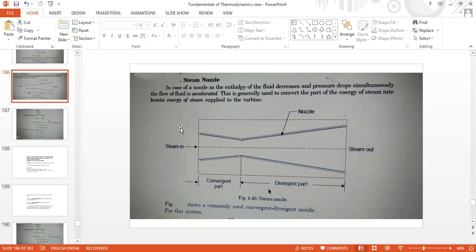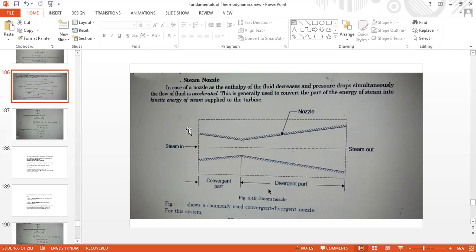That means the velocity is increased. In classical terms, the kinetic energy of the inlet fluid is smaller and that of the outlet fluid is higher. So the nozzle purpose is to increase the velocity of fluid.